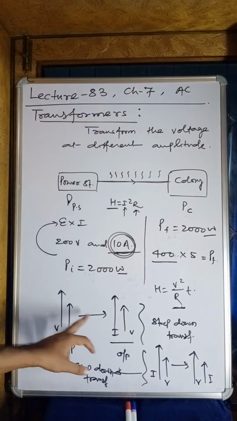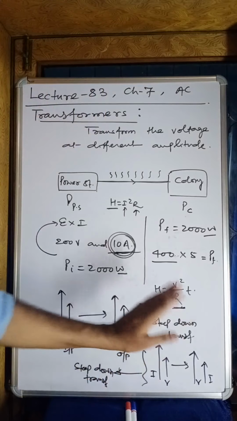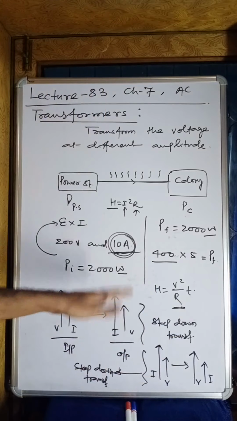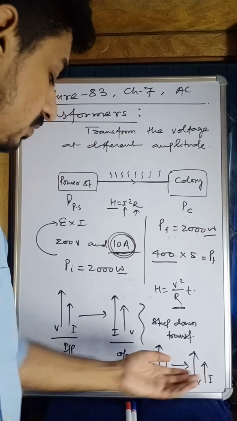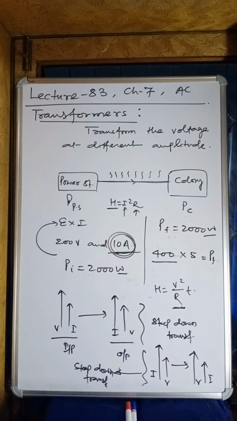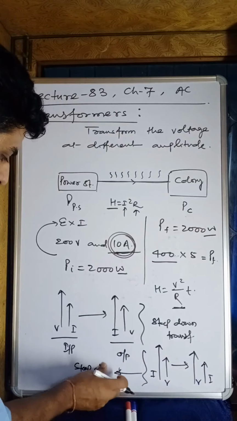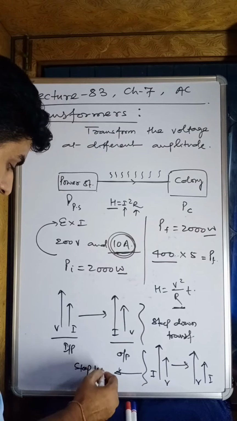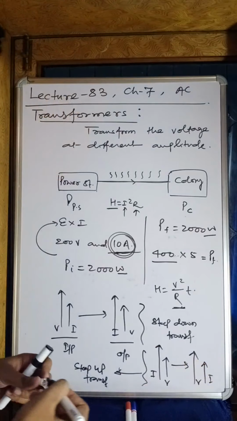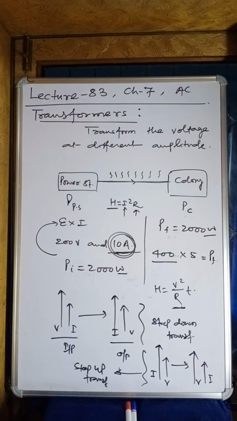If high voltage is converted into low voltage, this is step down. We are decreasing the voltage. We are increasing the voltage. Sorry, this is the step up transformer. We are increasing the voltage here. That's why this is the step up transformer and this is the step down transformer.